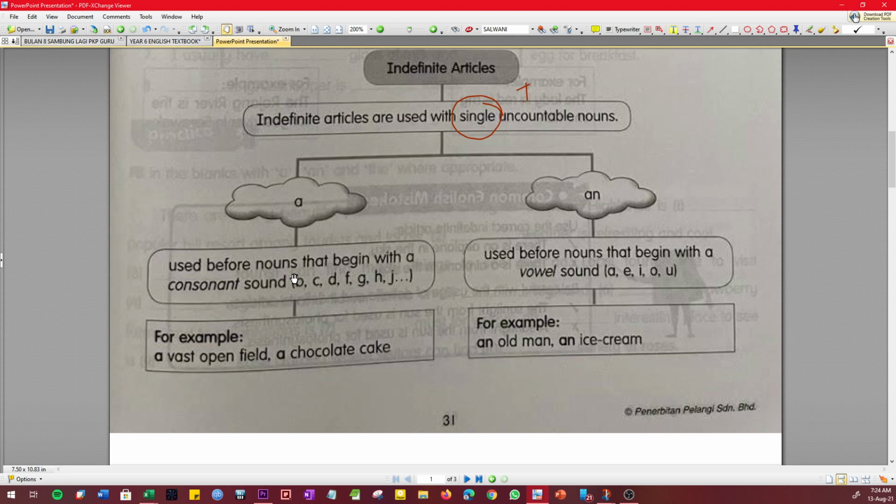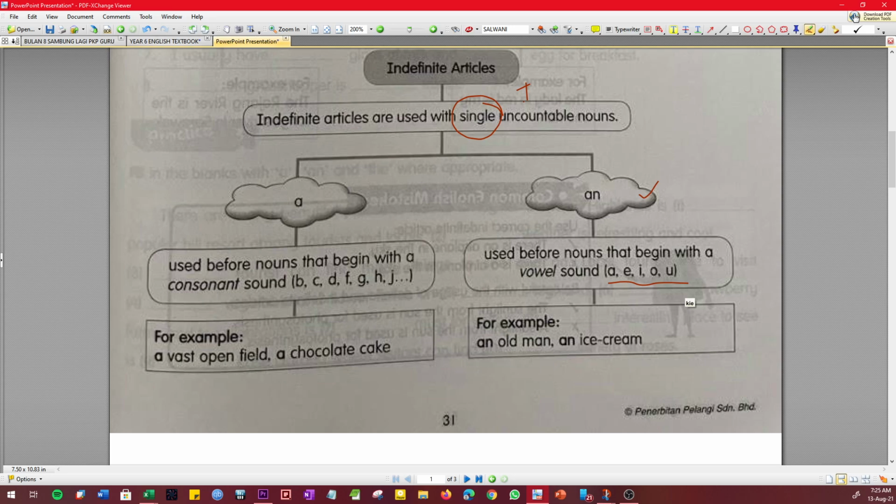The important thing that you need to remember is for an: A, E, I, O, U. Example, A, an apple. E, an elephant, I, an igloo, O, an orange, U, an umbrella. Except for U that sounds like Y.